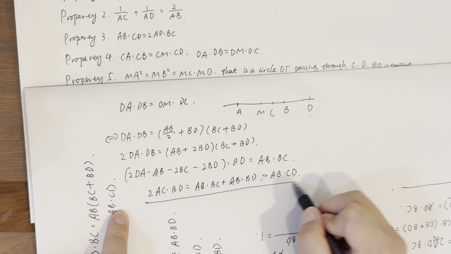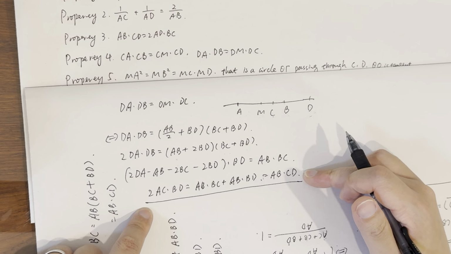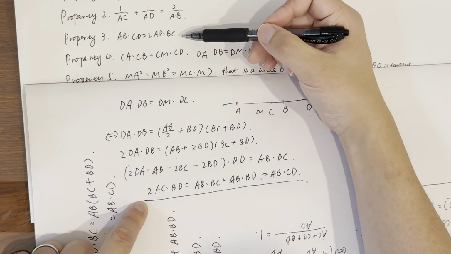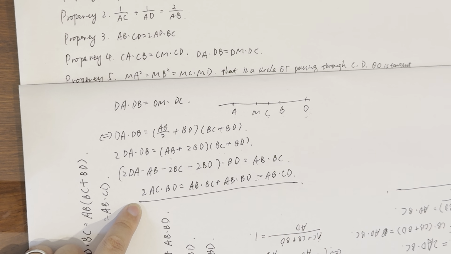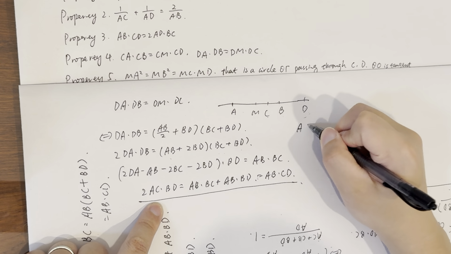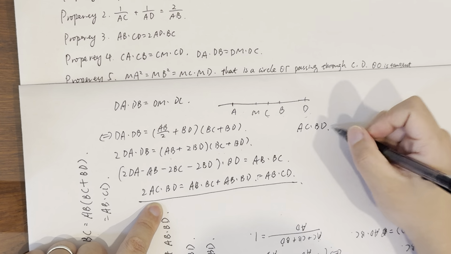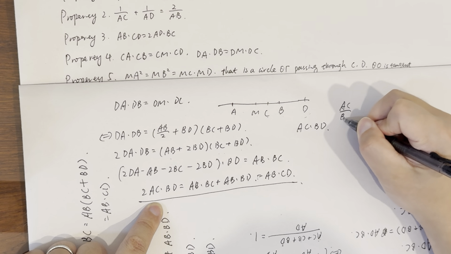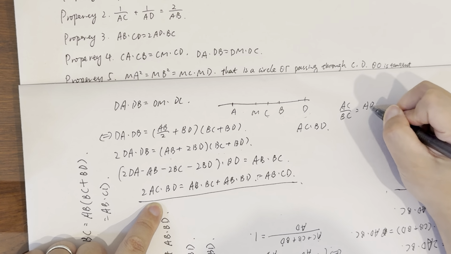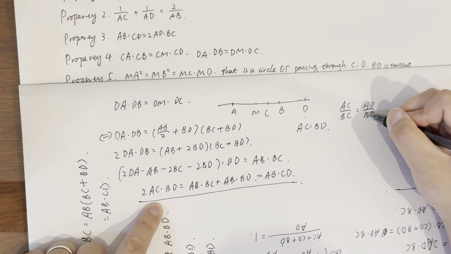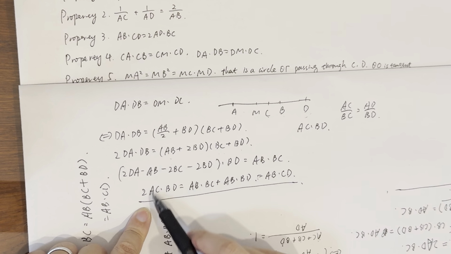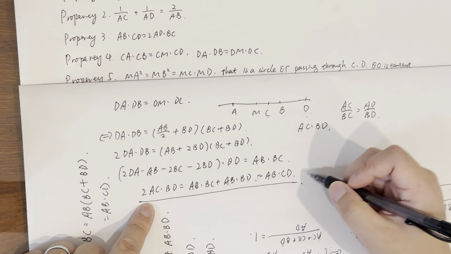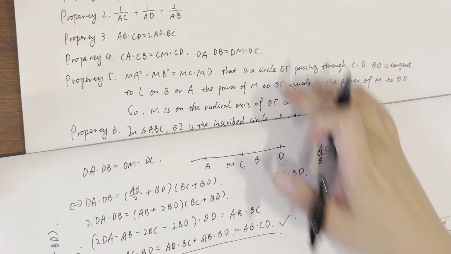We still want to prove this one, and this one is the same as this one, right? Yeah, because we have AC to BC equals AD to BD. So AC times BD equals AD times BC, and twice AD BC equals twice AC BD. So this is still true, right? So that's property 4.